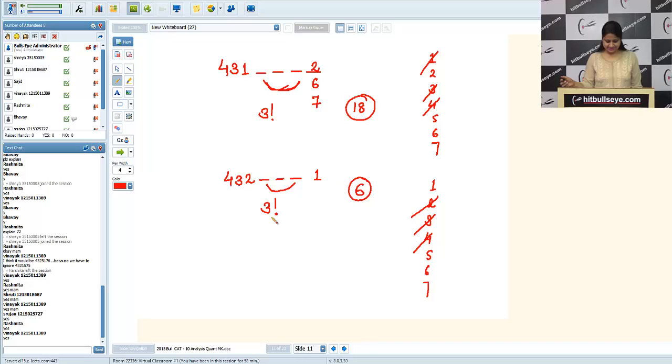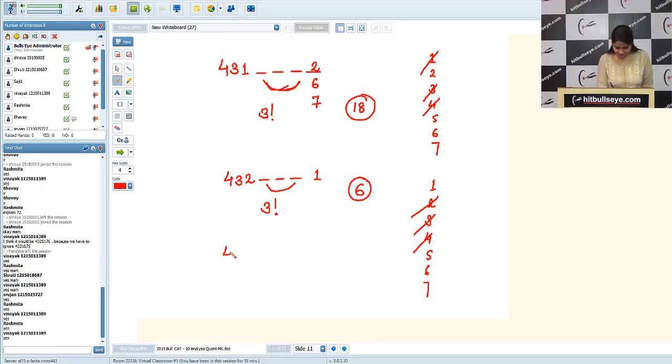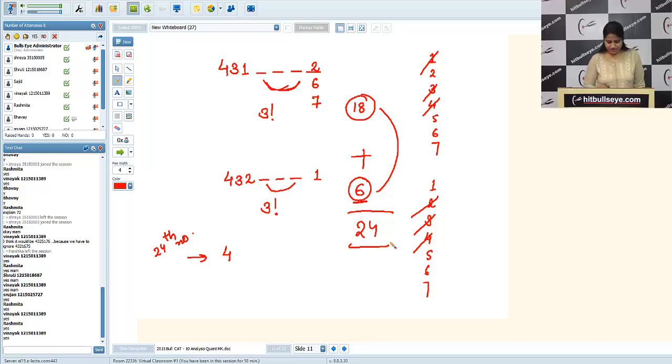Are you getting me, guys? And we want to count only 5 more numbers, so I'm writing the 24th number. 18 plus 6 is 24. The 24th number will be 4, 3, 2, 5, 6, 7, 1. Clear?